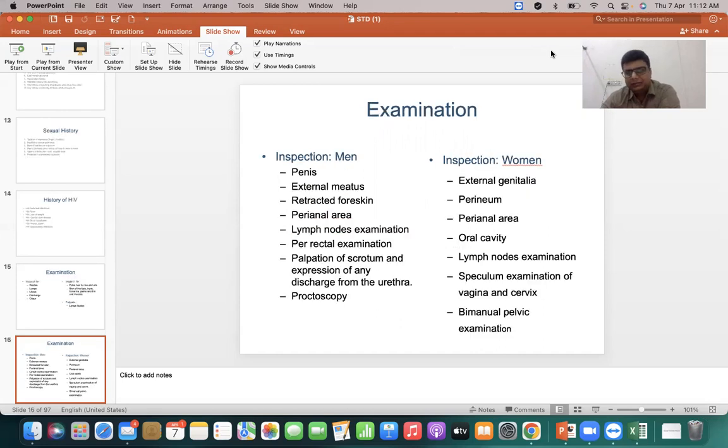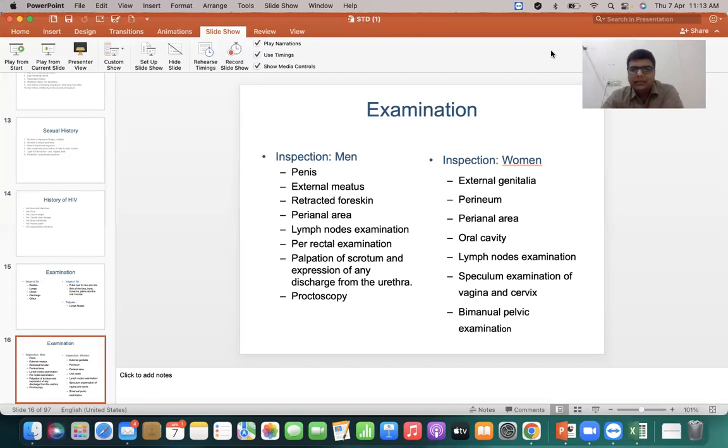During the examination of men, we should examine the penis, external meatus, retract the foreskin, perineal area, and lymph nodes, do a rectal examination, palpation of the scrotum and expression of any discharge from the urethra, and do proctoscopy if any rectal discharge is present.